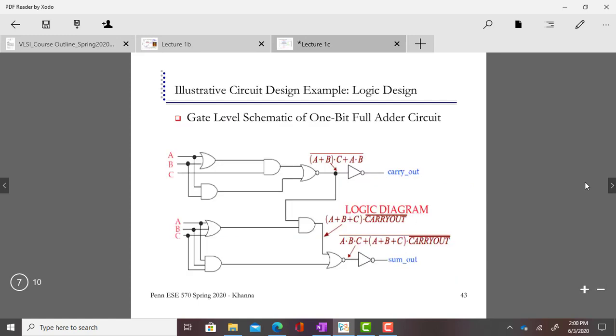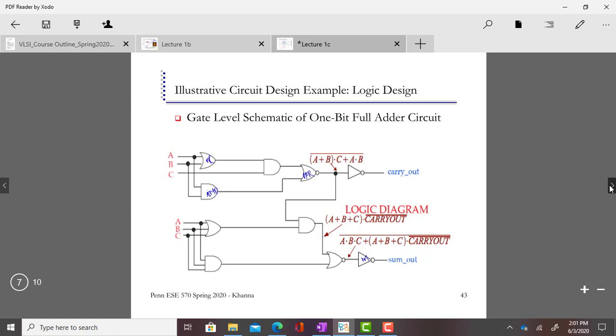This is that equation, and this is the gate level schematic of a 1-bit full adder. You see here are all the logic gates: we have OR gate, AND gate, NOR gate, NOT gate. This is the logic diagram of the equation generated by the synthesizer.